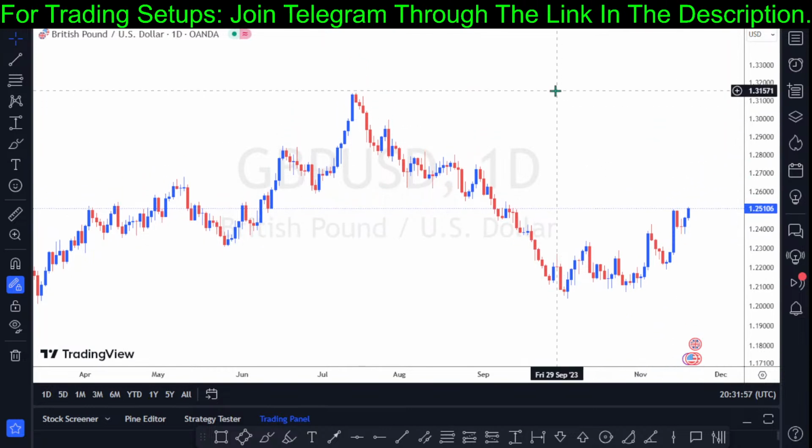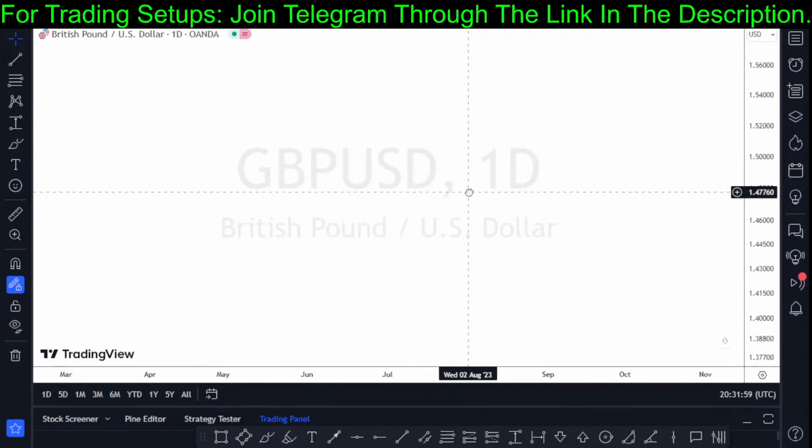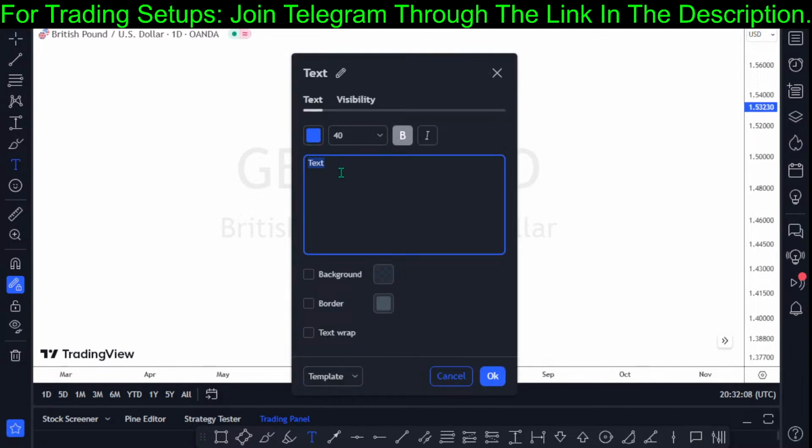So let me just wipe this out. Let me put some writing on our chart. We're going to talk about how to use the Fibonacci retracement tool, right?